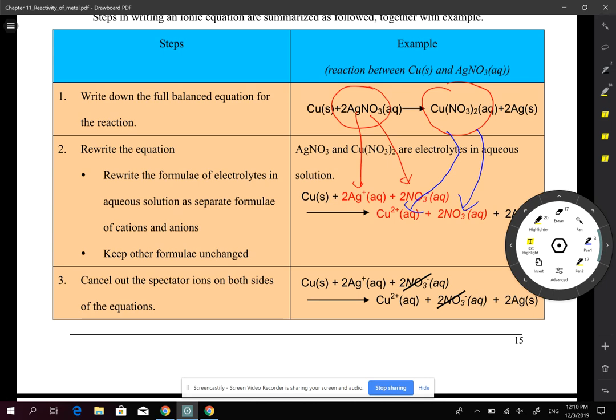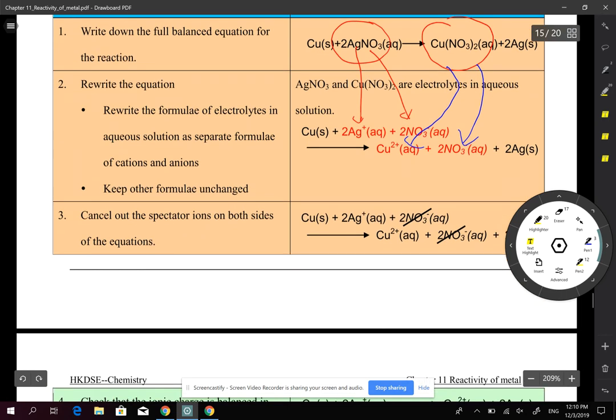Then, after we separate the ionic compound into separate ions, you can see on the reactant side there are 2 nitrate ions, and on the product side, also 2 nitrate ions.